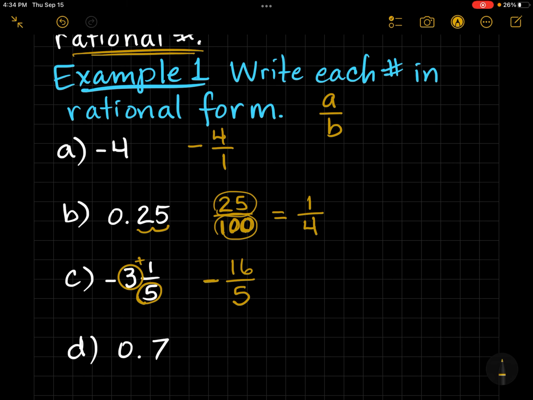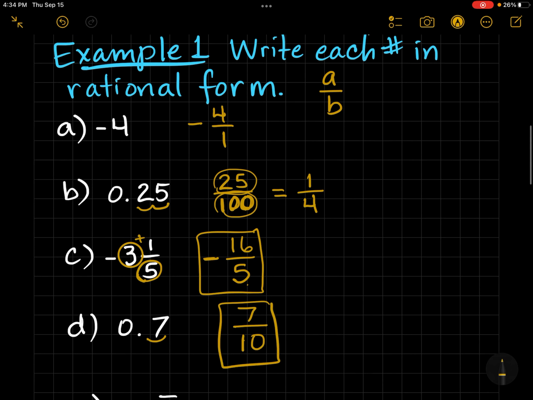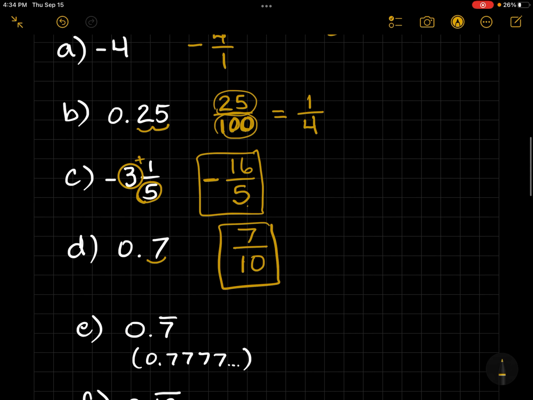Is this reduced? Yep, already reduced, so that's as far as I can go with that. What about 7/10? Well, that's 1 decimal place, and if you listen to how I said it, 7/10, 7 over 10. Can I reduce it? Nope, I'm done.